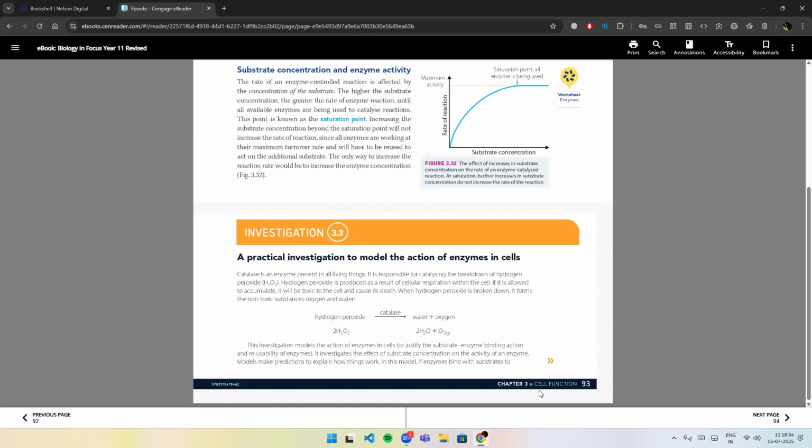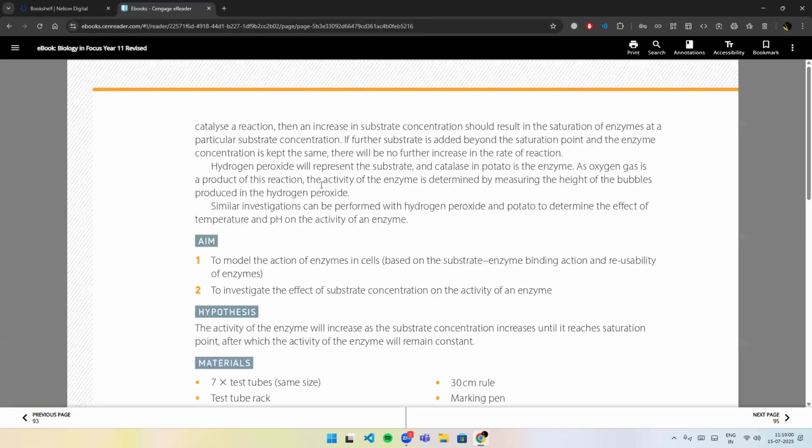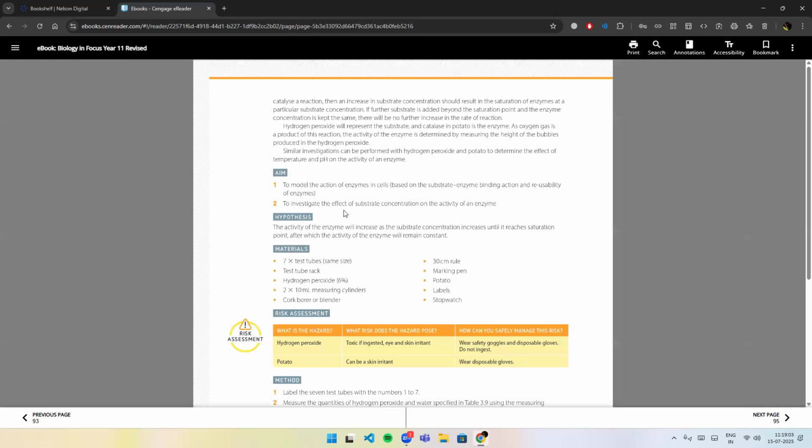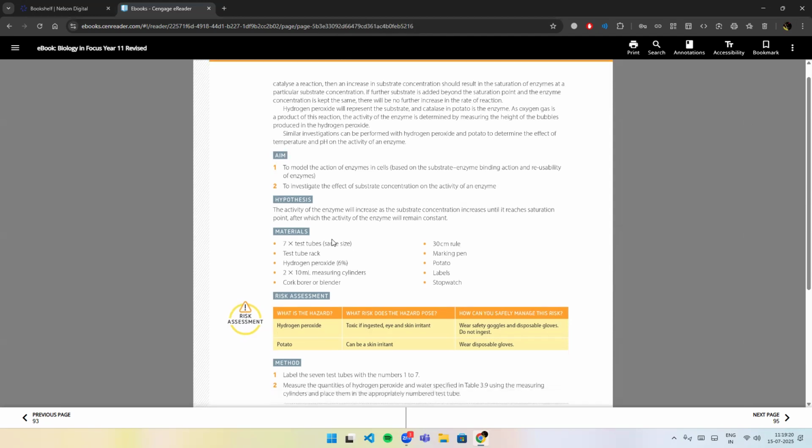In this model, if enzymes bind with substrates to catalyze a reaction, then an increase in substrate concentration should result in the saturation of enzymes at a particular substrate concentration. If further substrate is added beyond the saturation point and the enzyme concentration is kept the same, there will be no further increase in the rate of reaction.